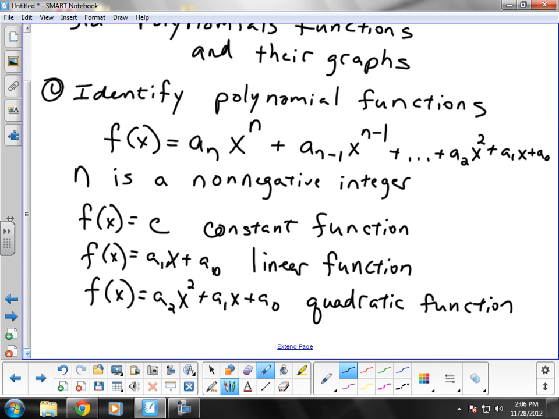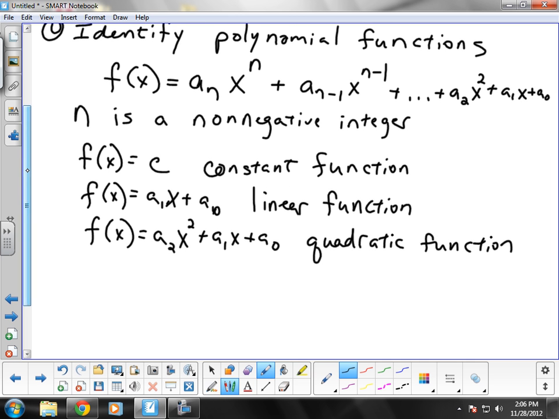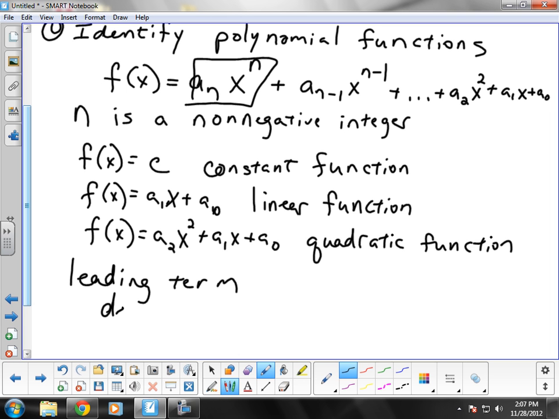Now, when we talk about this stuff, we do need to look at my formula. This term right here, which is the term that's got the highest exponent in it, is called my leading term. My leading term tells me the degree, because the degree of the entire polynomial is the degree of the highest term.